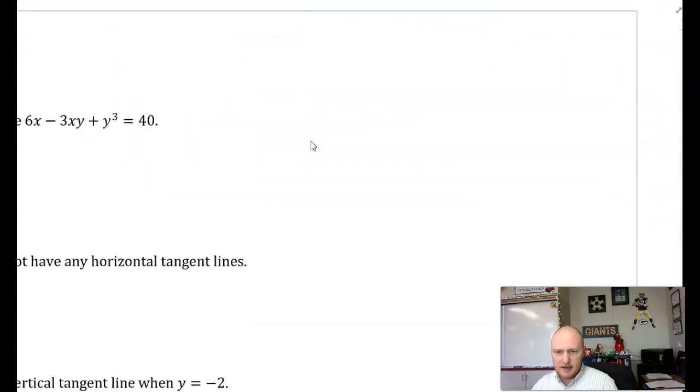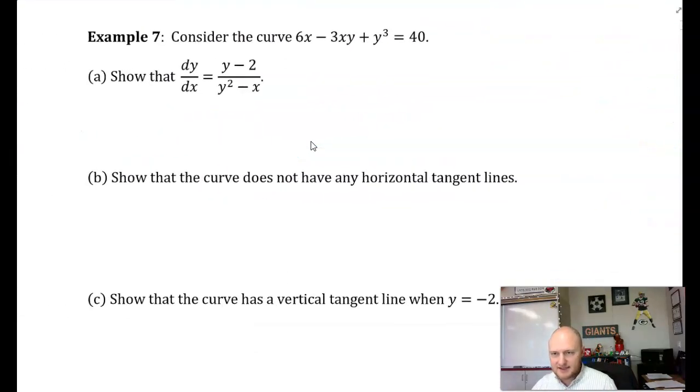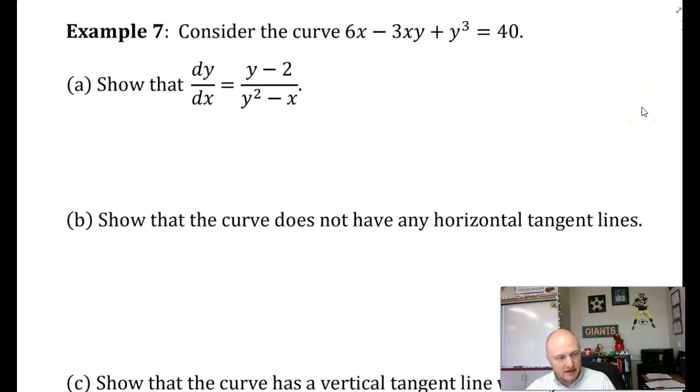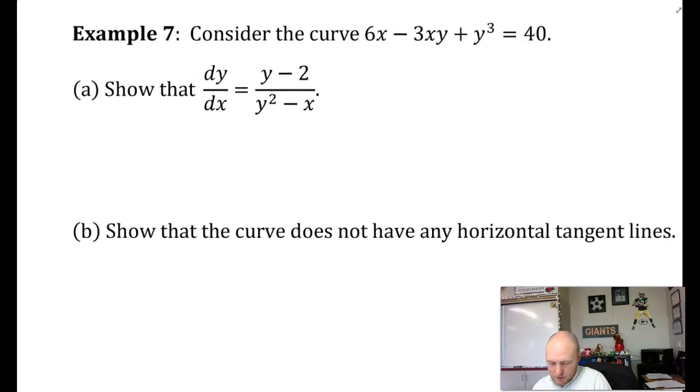So let's go ahead and look at example 7. Here's just another iteration of what we were doing, except part C is kind of a new wrinkle. We're asked to consider the curve 6x minus 3xy plus y cubed is equal to 40. Again, I'm going to do implicit differentiation. That's step 1. I just want to verify the slope.